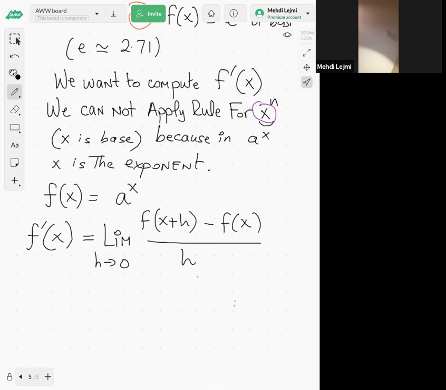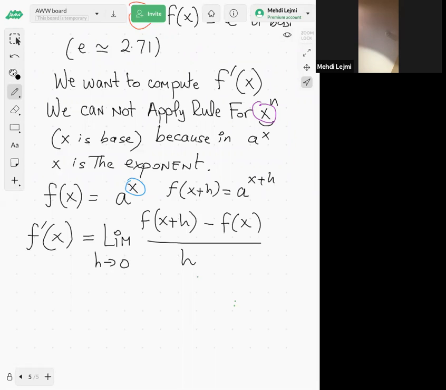But here, what's my f? f of x is a to the x. And so what will be f of x plus h? Just substitute x by x plus h, so that will be a to the x plus h.